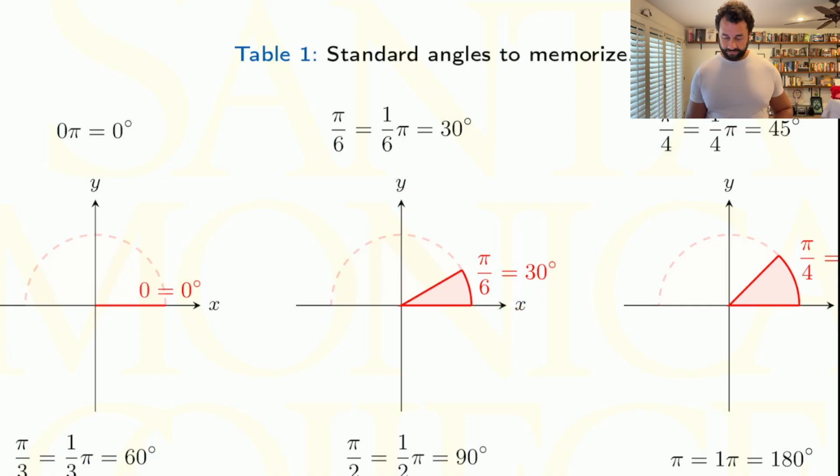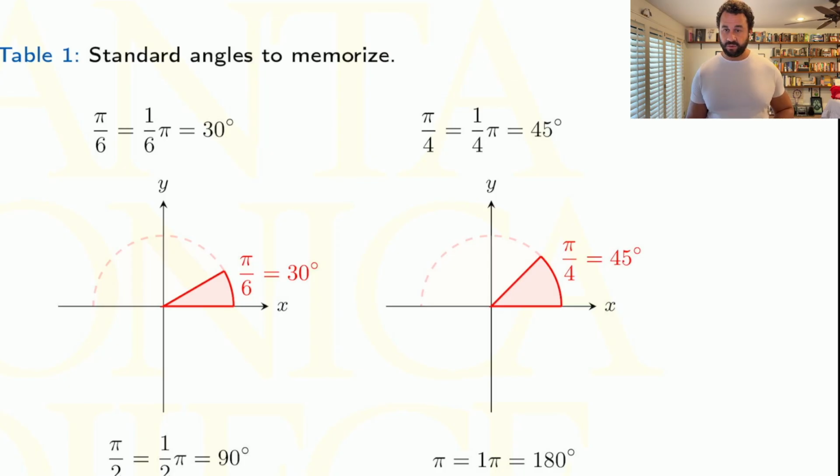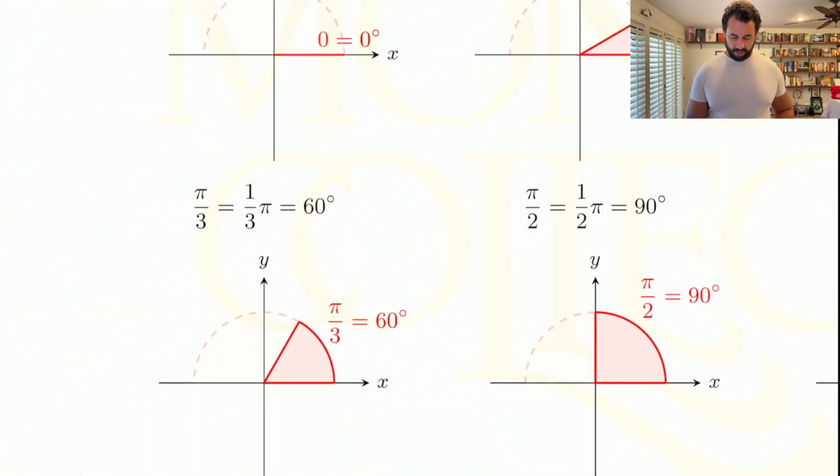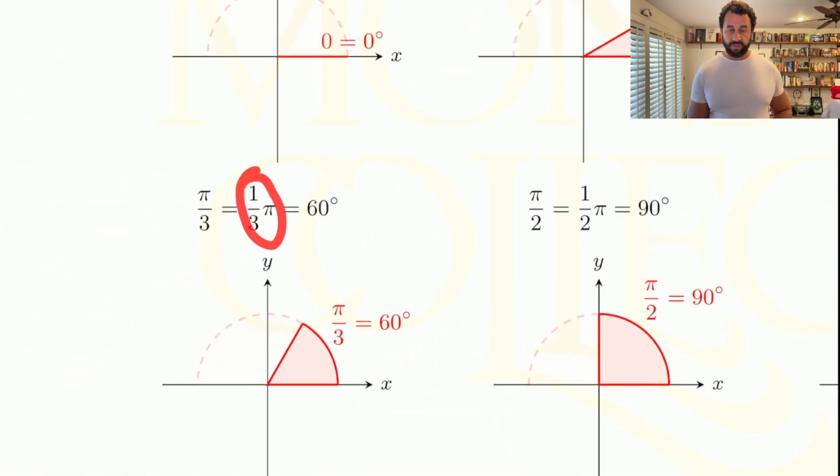Okay, pi over 4, here's another one. Pi over 4 is a quarter of pi. Here's the full pi. Cut it into 4 equal-sized pieces: 1, 2, 3, 4. There you go. And take one of those pieces. Pi over 4 is 45 degrees. All right? Next, pi over 3, or in other words, 1/3 pi.